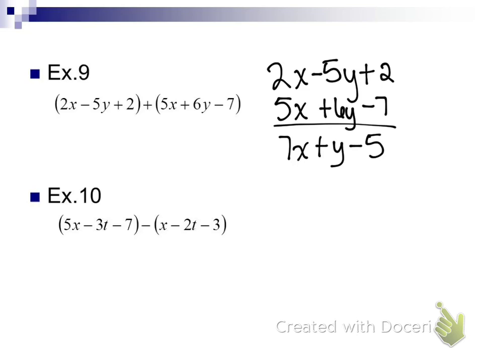Number 10 is a subtraction problem. So I still rewrite the first one the same exact way. When I go to rewrite the second one, I'm going to distribute the minus sign or the negative.